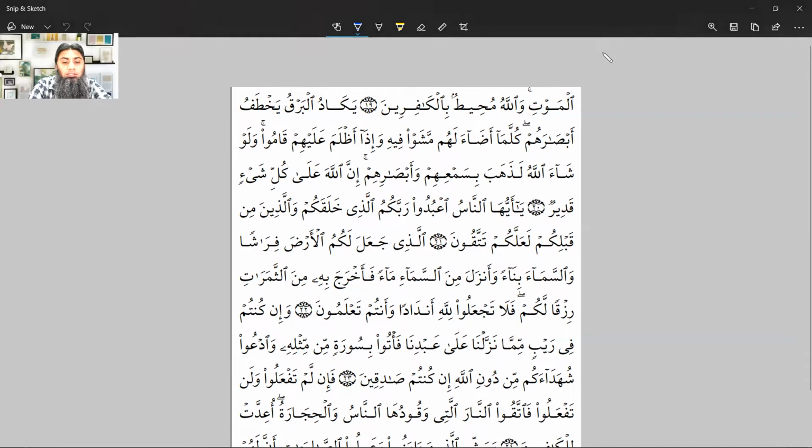So this yakadu is fail mudare, but it is also fail nakis. Because yakadu is a fail and al barku is an ism in rafa status, if it was a normal verb, then al barku would become the outside fail, but now al barku will become the ism of yakadu.